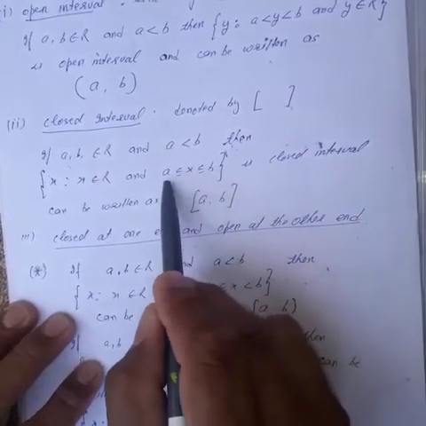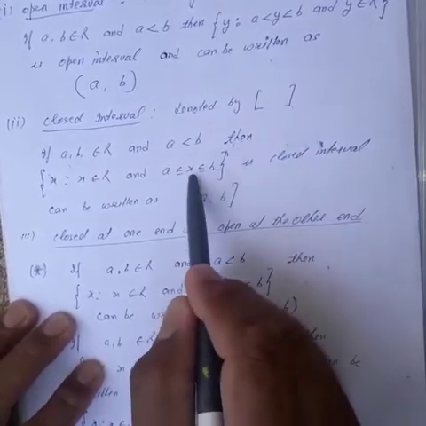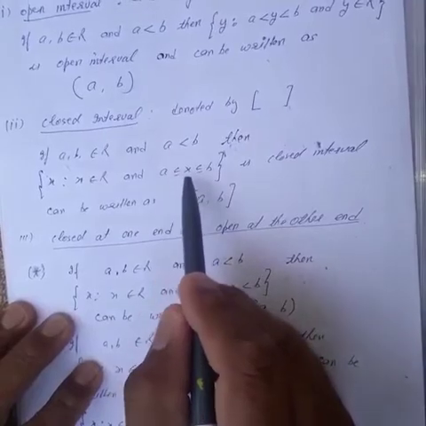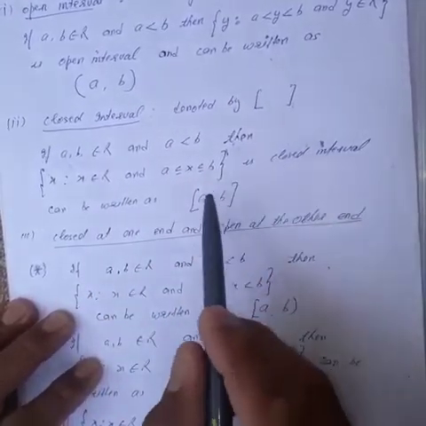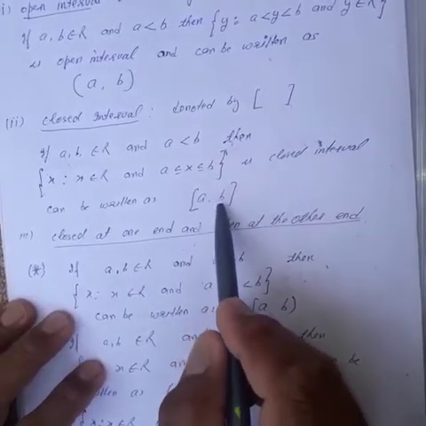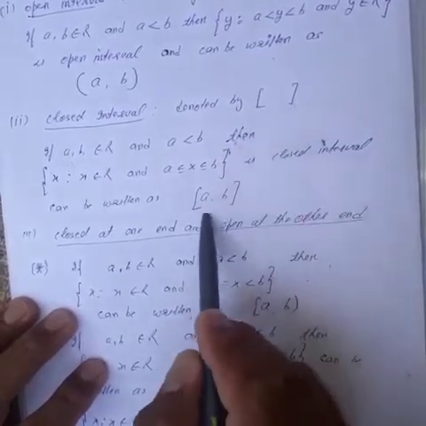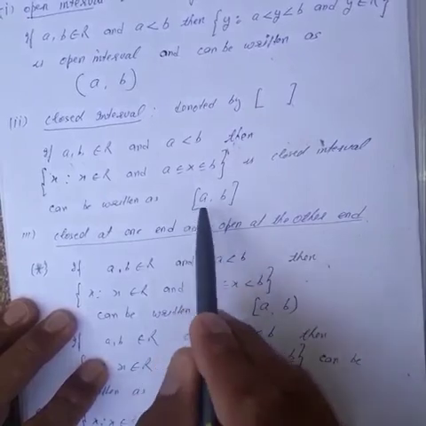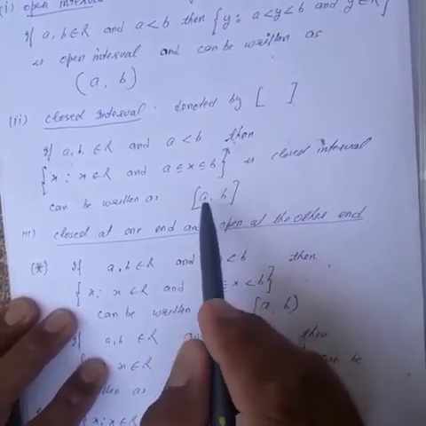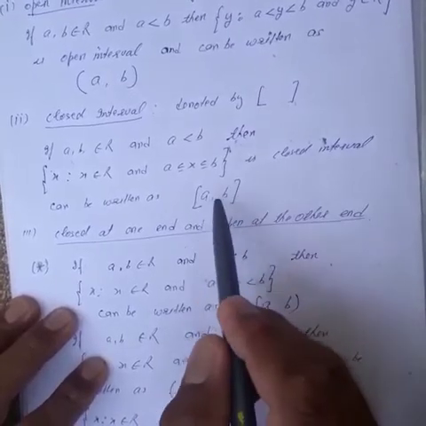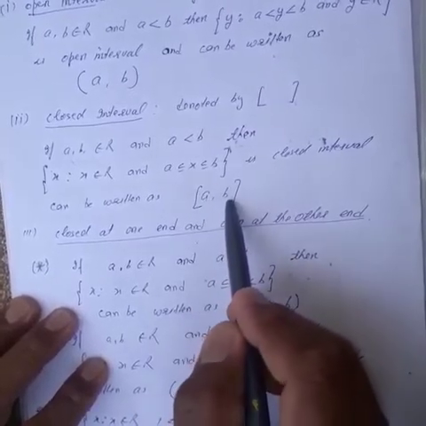It means x can have any value between a and b. x can be equal to a, and x can be equal to b. So this is called closed interval, and in symbols we will write a comma b inside these brackets. So this is called closed interval a to b. It means it may have all values between a and b, including a and including b.